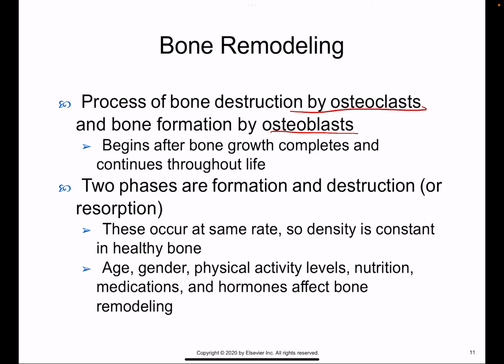Because if I suddenly lose a lot of bone density today, tomorrow I will probably have a fracture. So when that's happening, whether because I'm aging, or my gender, or my physical activity levels, I should be aware that this is a process known as bone remodeling, one. Two, this is a process that everyone around me is experiencing because of the skeletal system.